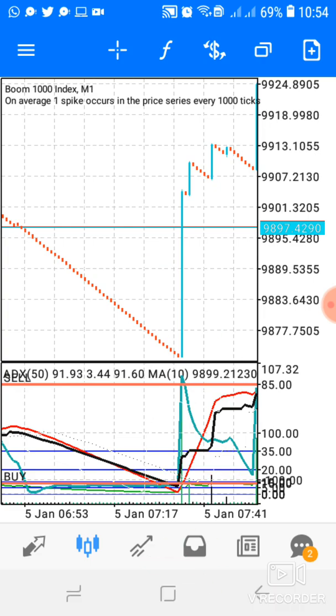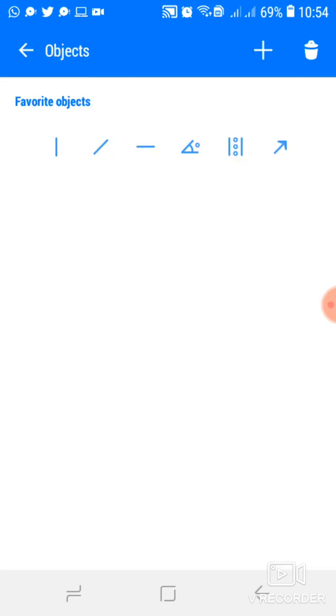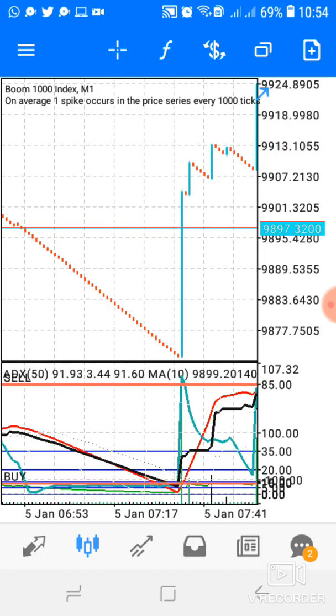But now we have come with a way of showing if there are more spikes coming or not. Look here, let me show you.